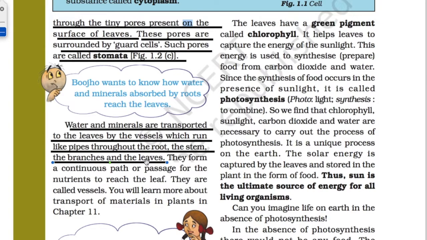It is just like a water distribution system we have in our home. Plants have vessels to transport minerals and water. They form a continuous path for the nutrients to reach the leaf. They are called vessels.